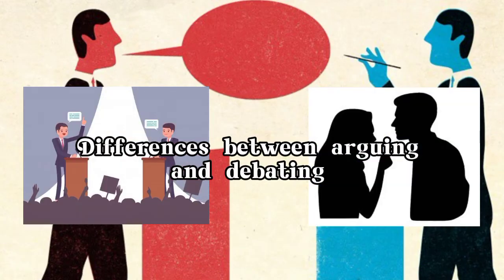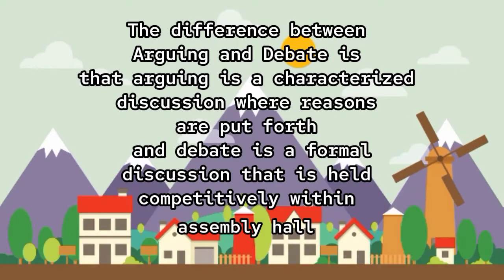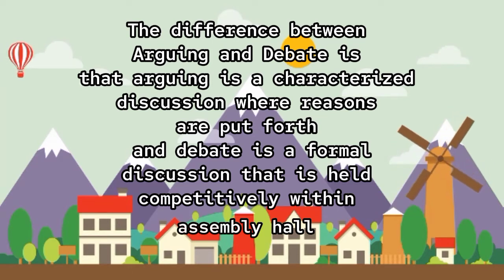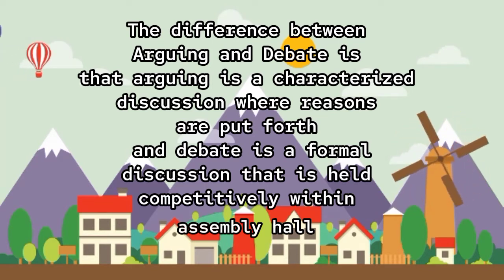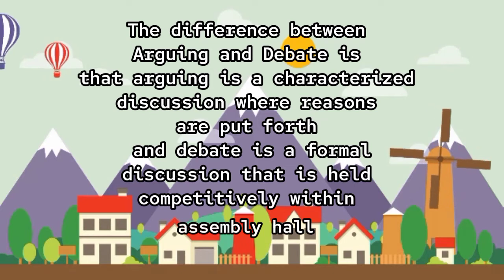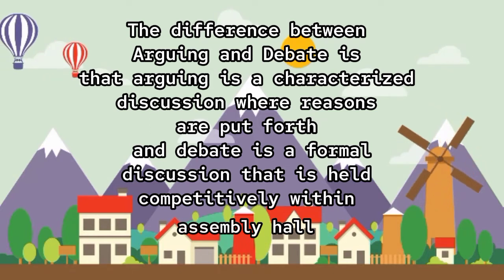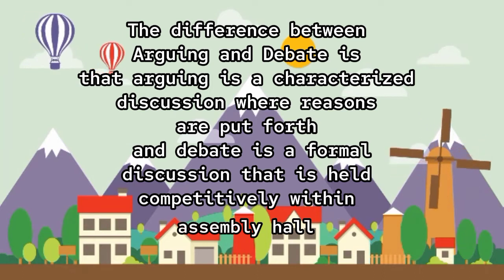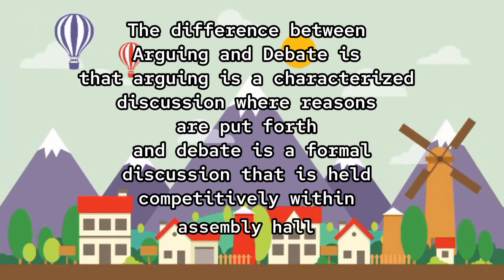Next, differences between arguing and debating. Arguing is a characteristic discussion where reasons are put forth, and debate is a formal discussion that is held competitively within an assembly hall.